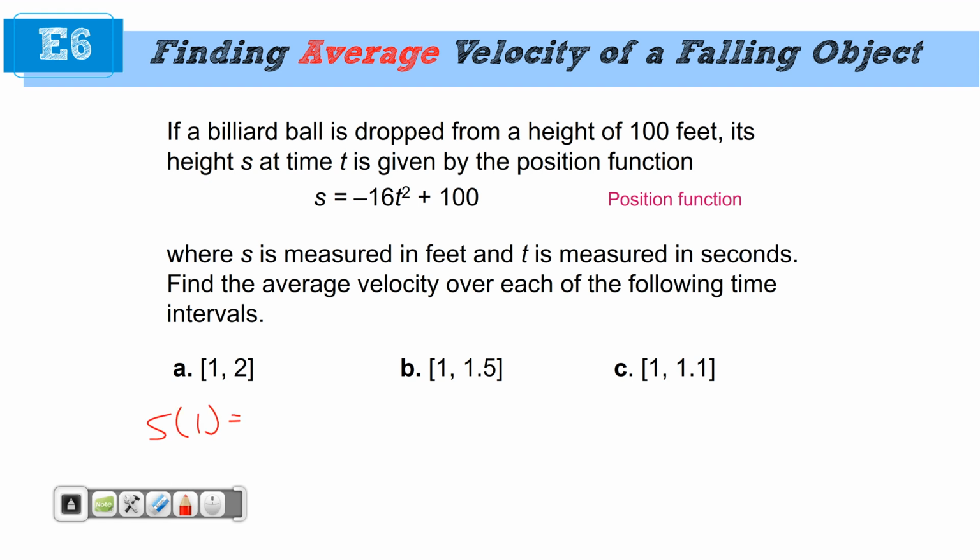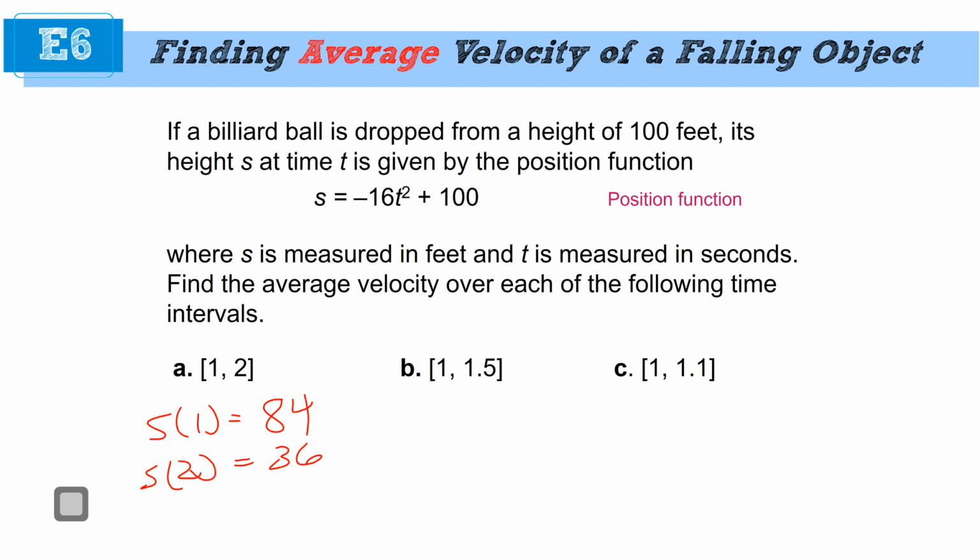S of 1 is 84. S of 2 is 36. I hope you did your math right. Pretty sure. What's the average velocity? Change in distance over change in time.